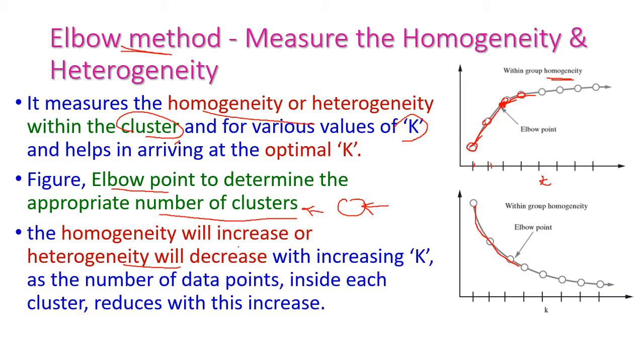See, up to here the increase is very large. After that the increment will get reduced, with the increase in homogeneity. When it comes to heterogeneity, it decreases up to a certain point. After this the decrement will get reduced, isn't it? So this is called heterogeneity.